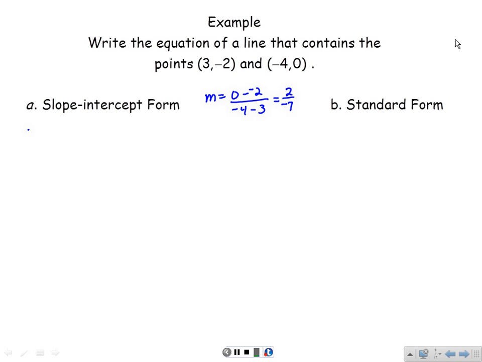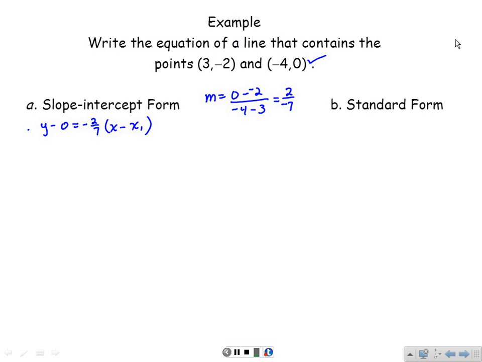Okay, so if I go for slope-intercept form, I don't know what my y-intercept is, so I'm going to have to use point slope for both of these. So I'll have y minus y1, and I can use either point that I want to, and I think I'm going to go with this one, because the y1 is going to be 0, is equal to our slope, which is negative 2/7 times x minus x1.